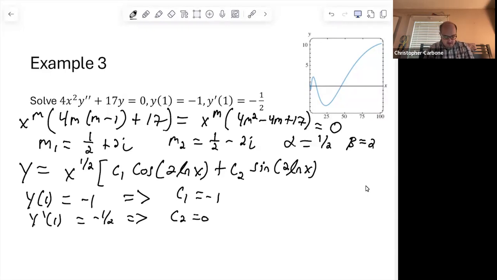So the full particular solution for this, y, is going to be negative x to the 1/2 power times the cosine of 2 times the natural log of x.